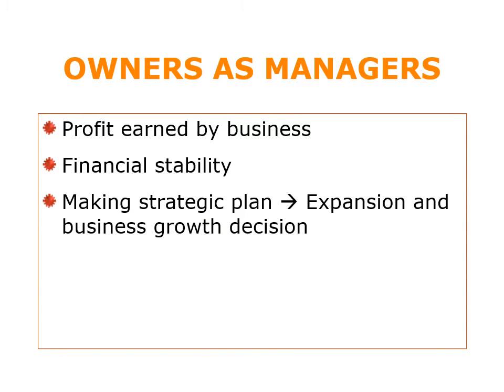And also, the accounting information is very important for the owners to make the strategic plan, whether to expand or how the business can grow in the future. So these decisions must be backed up by the accounting information from the financial statement.